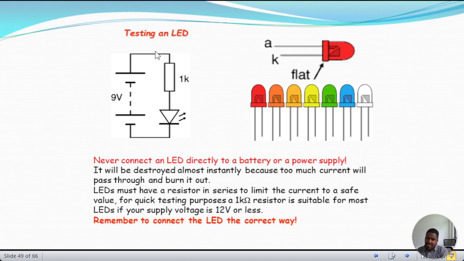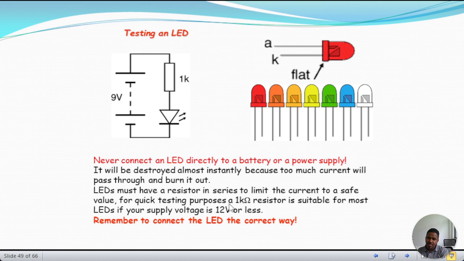So how do we test an LED? Never connect an LED directly to a battery or power supply. It will be destroyed almost instantly because too much current will pass through and burn it out. LEDs must have a resistor in series to limit the current to a safe value.